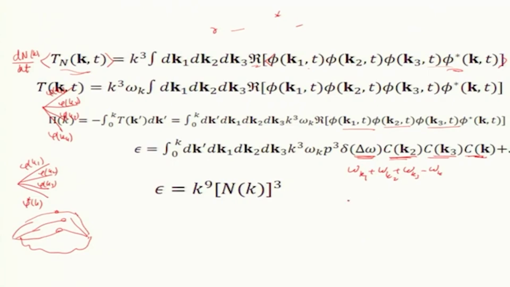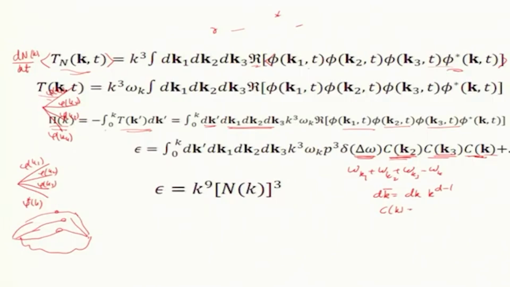I can compute the flux, flux is the integral of Tk from 0 to k. So, how many k primes did I get? I got 1 dk prime and 3 dks, and I have got these correlation functions. Now, I did this in the last class. So, dk is dk times k to the power d minus 1 for any dimensions, right, since it is by definition isotropic.